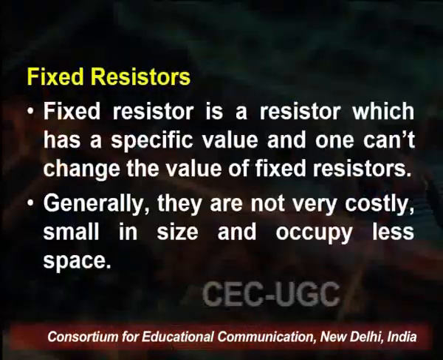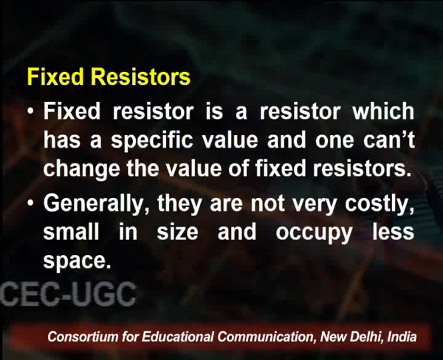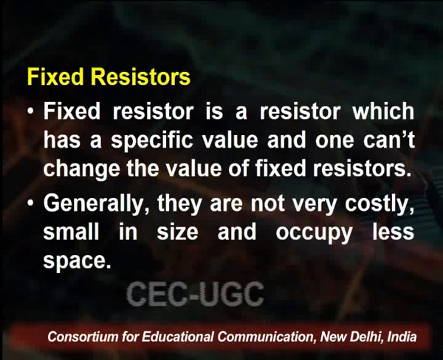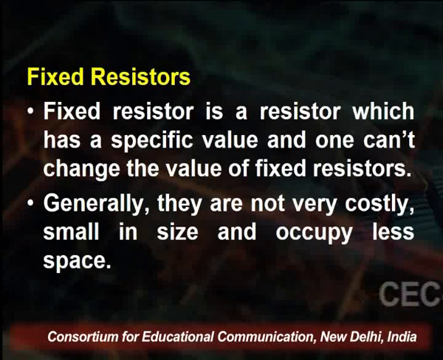Generally, there are two types of resistors having linear properties: fixed resistor and variable resistor. Now, what is a fixed resistor? A fixed resistor has a specific value and one can't change its value. Generally, they are not costly, are small in size and occupy less space compared to other resistors.